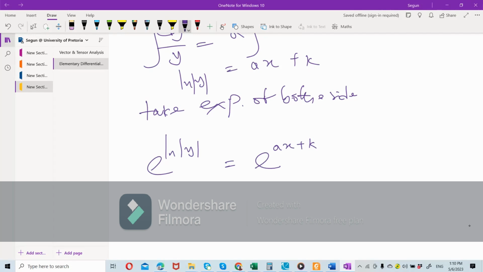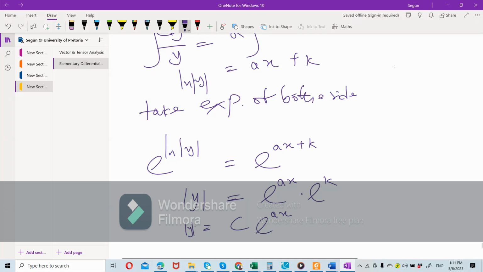That is exponential ln, if you punch your calculator, it will give you 1. So you have absolute value of y equals to exponential ax times exponential k. And I know that exponential k is still constant. So I can boldly say that in this case now, absolute value of y is the same thing as c exponential ax.